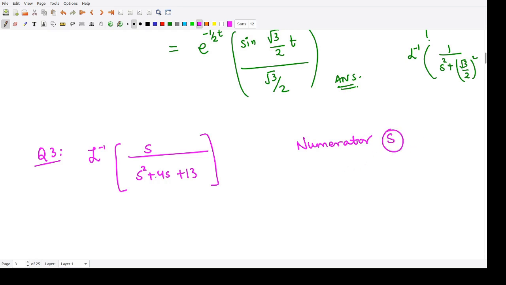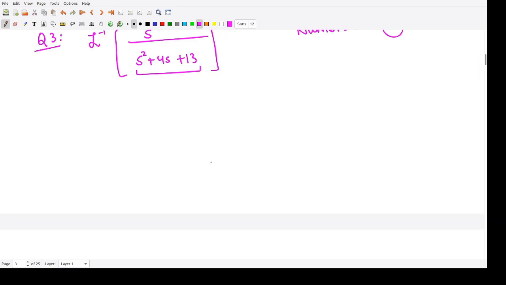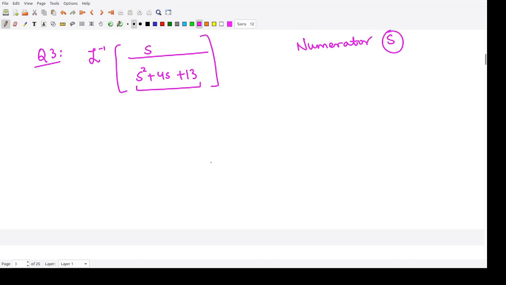So here the term in the denominator should be a perfect square of something. So here also we'll make the perfect square in the denominator. For that, you take the coefficient of the mixed term. What is the mixed term? That is 4s.